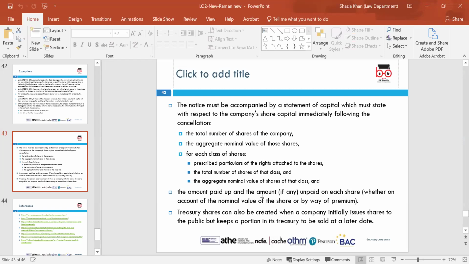The amount paid up and the amount unpaid on each share, on account of nominal value of the share or by way of premium.